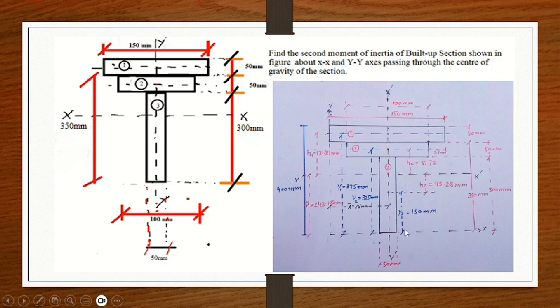Next, we calculate the distance from the reference axis to the local axis of figure 2, called y2, and the distance from the reference axis to the local axis of figure 3, called y3. That is y1, the distance from the reference axis to this axis.